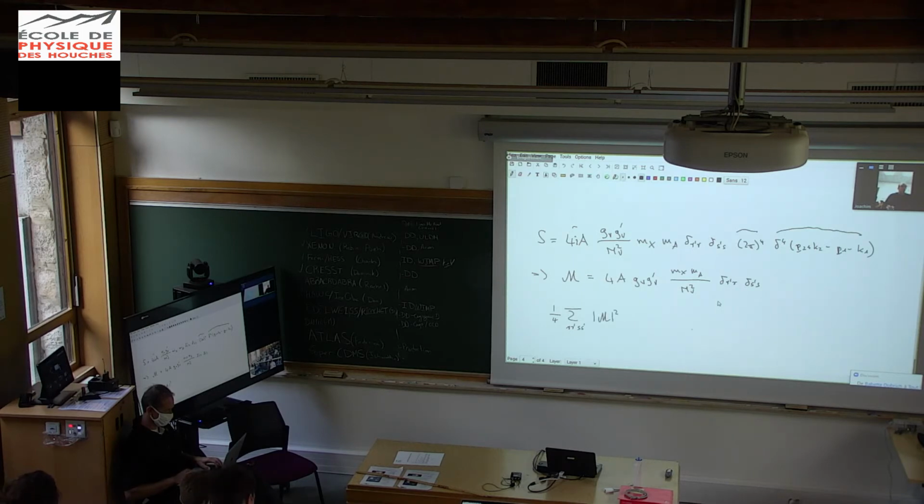And then we just sum over R prime, S, S prime, and square this matrix element. And the sum is, again, easy because the spin dependence is just these Kronecker delta functions. So that just gives 16 A squared G_V prime squared m_chi squared m_A squared divided by m_V to the 4.